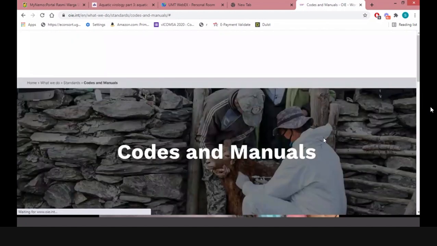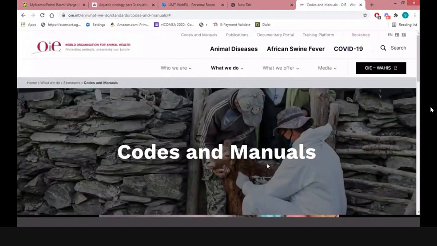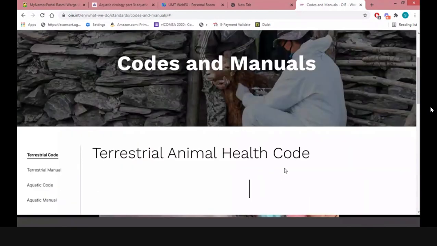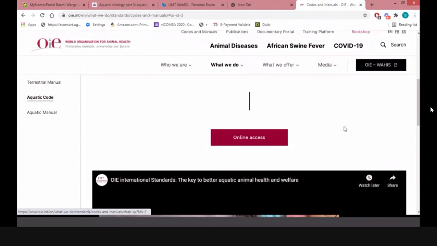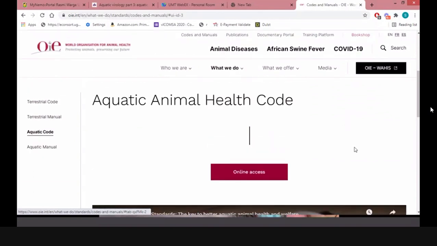So if a disease is listed in this OIE, dipanggil sebagai OIE list, that means that disease is an important disease which is occurring all over the world. So tak semestinya kalau penyakit ikan tersebut tiada dalam senarai OIE, itu tidak bermaksud penyakit itu tidak penting kepada negara tersebut.